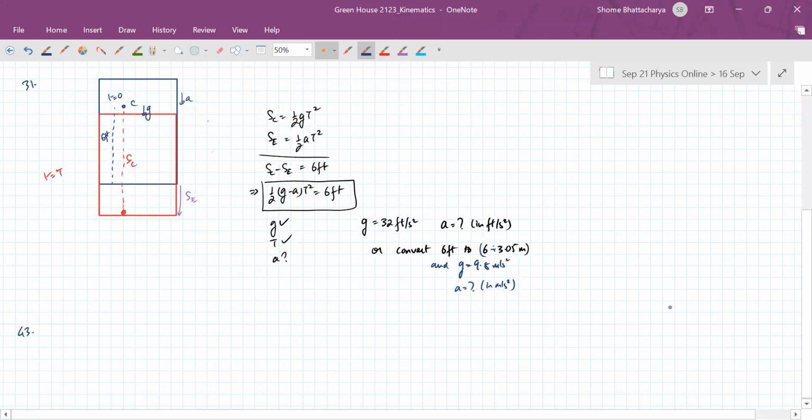Okay, so 43 is also a question that can be done by relative motion, but here we will solve it by separately solving the motion of the truck and the motion of the ball.